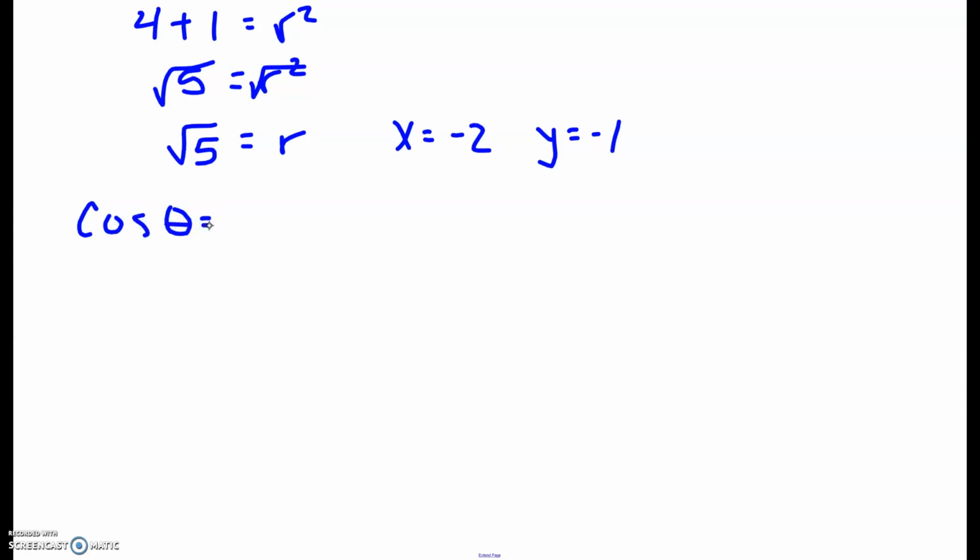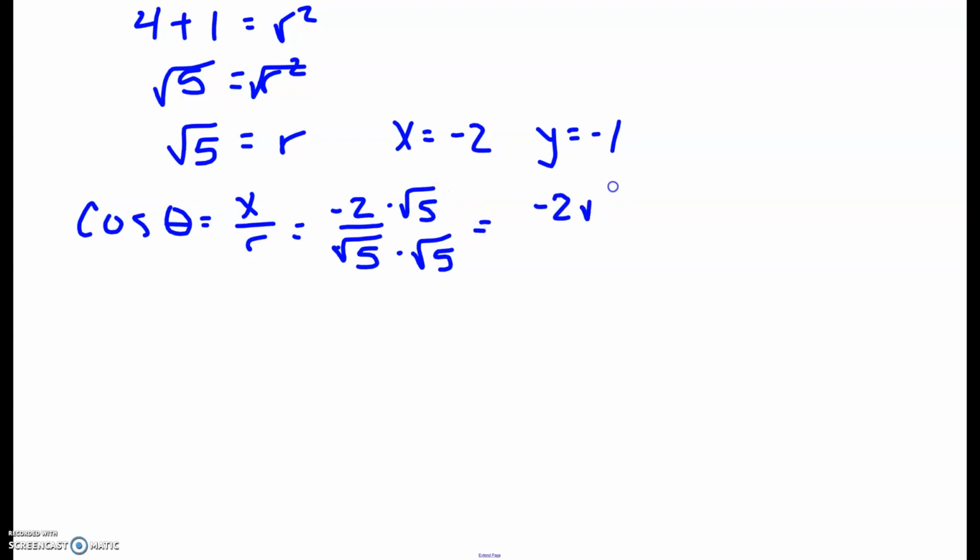Cosine of our angle is x over r. And again, we have that square root in the denominator. We're going to get rid of that by multiplying numerator and denominator by that same square root of 5. Square root of 5 times square root of 5 is square root of 25, which is 5.